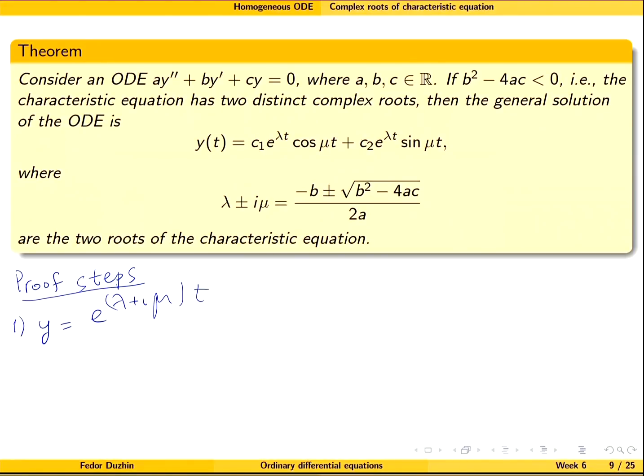The second step is to apply Euler's formula, to see that this is actually e to the lambda t times cosine of mu t plus i e to the lambda t times sine of mu t.